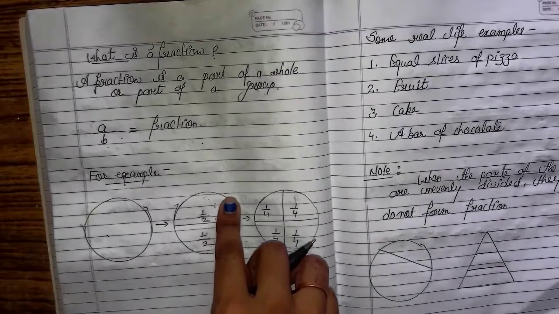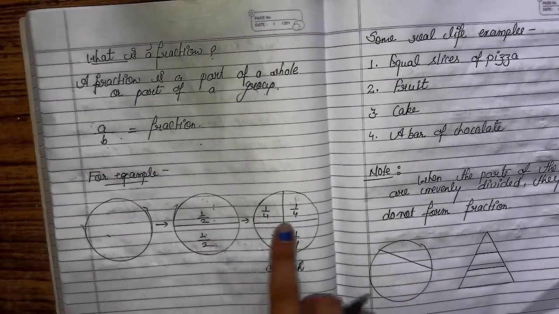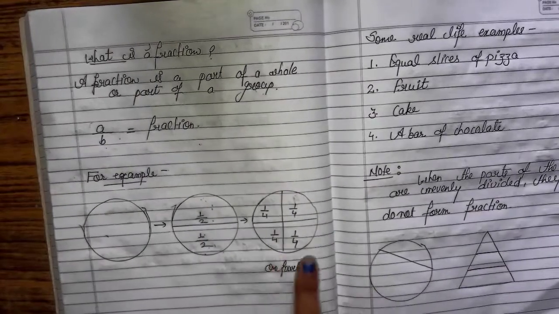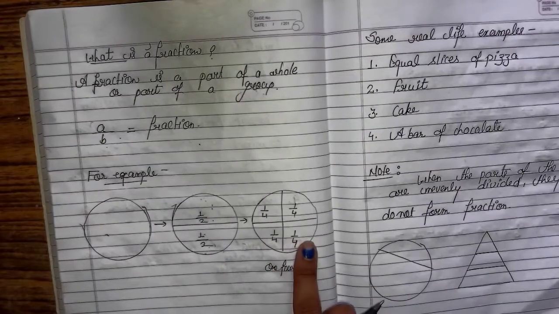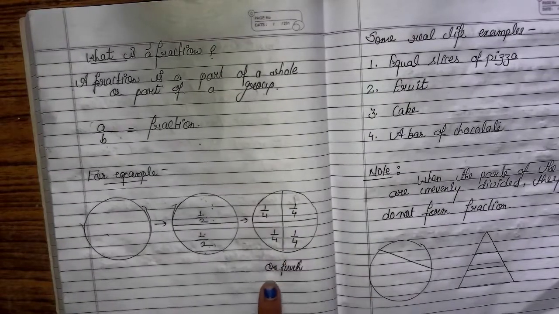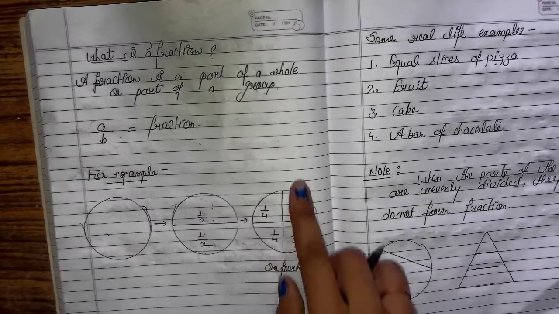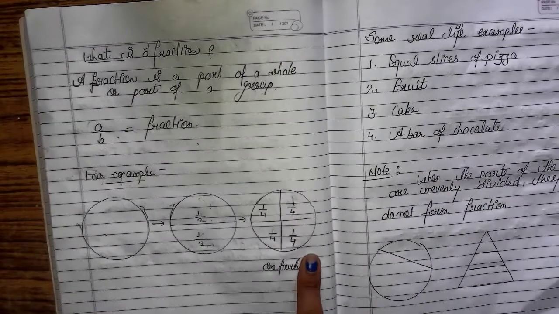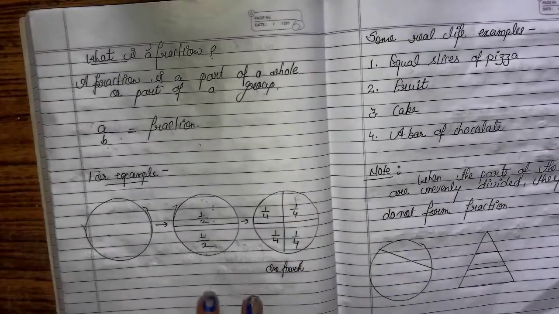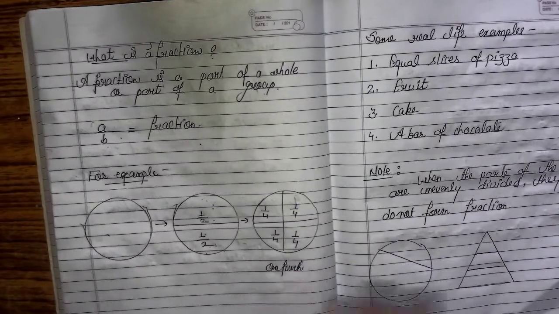So one is half and the second is also half. And in the next you can see the whole circle is divided into 4 equal parts. So each part is 1/4 of this circle. 1/4, 1/4, 1/4 and 1/4. So this is a common and very easy example of fraction.